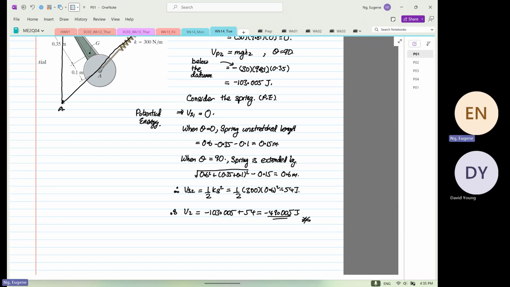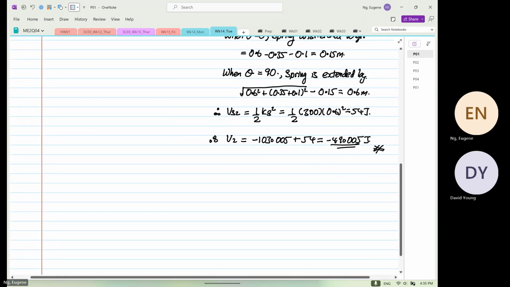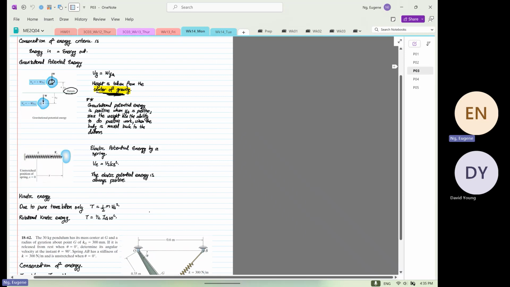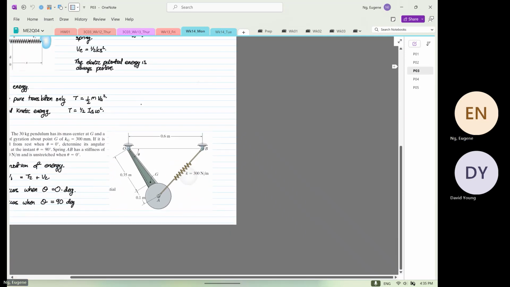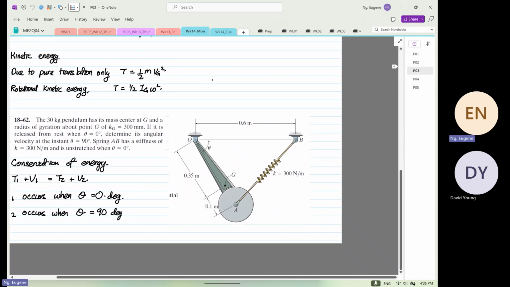So we found our V2. The next thing, let's very quickly go back to this question. We are going to determine the angular velocity at the instance when theta is equal to 90.